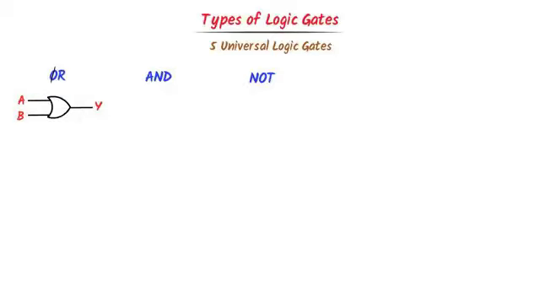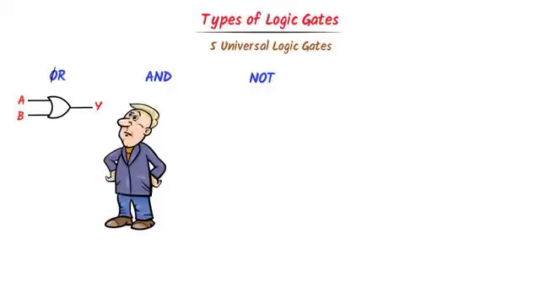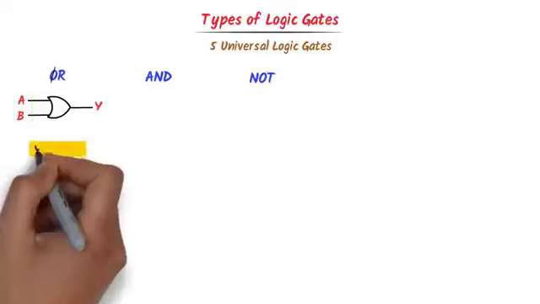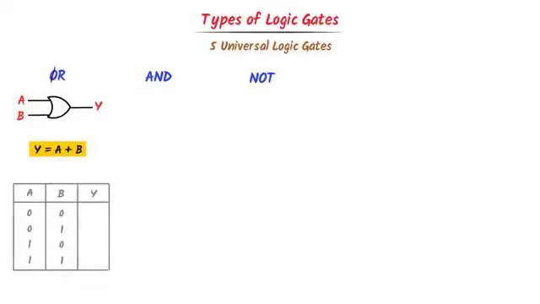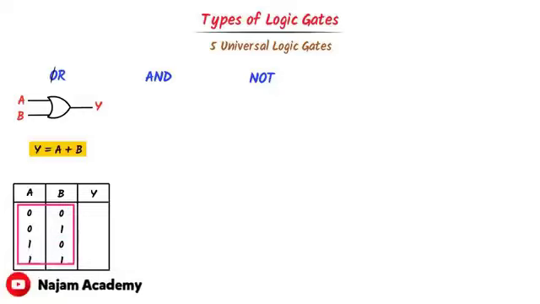Now the question is, how does this OR gate process these 2 inputs A, B? Well, OR gate adds these 2 inputs A and B. So I write output Y is equal to A plus B. Now consider this truth table. We know that the possible value of AB is either 0 0, 0 1, 1 0 or 1 1.